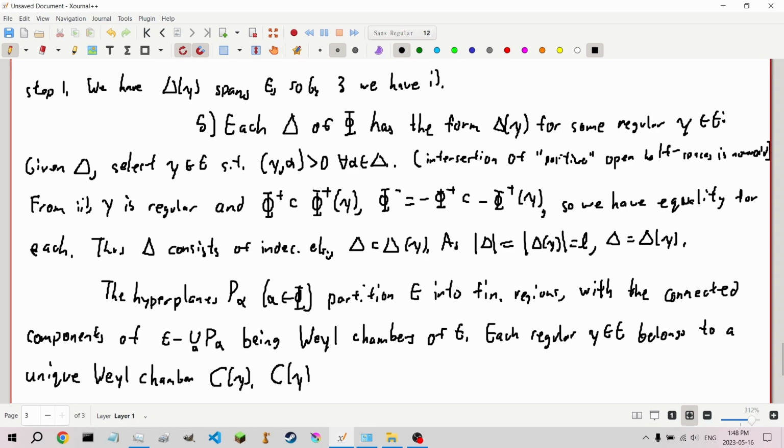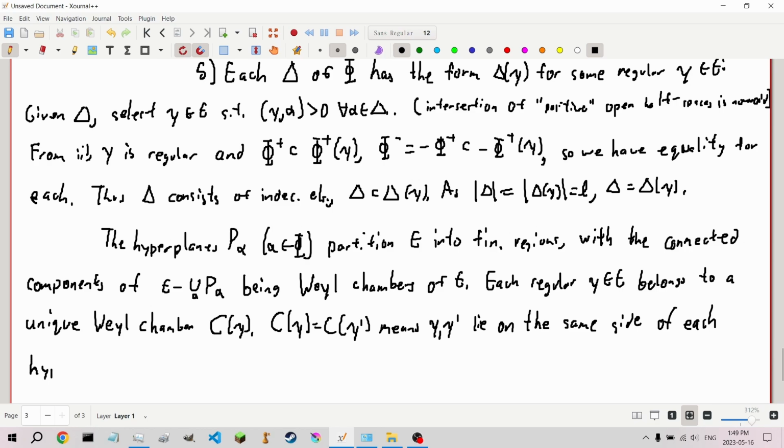Saying that C of gamma is equal to C of gamma prime means that gamma and gamma prime lie on the same side of each hyperplane P_alpha, so that phi positive of gamma is equal to phi positive of gamma prime. So the bases they generate are the same.